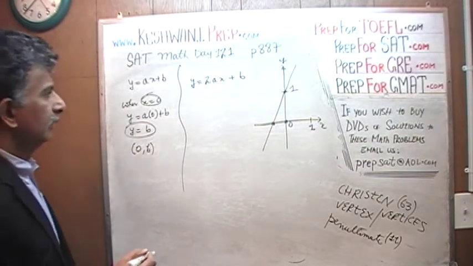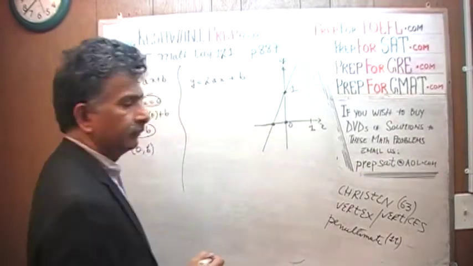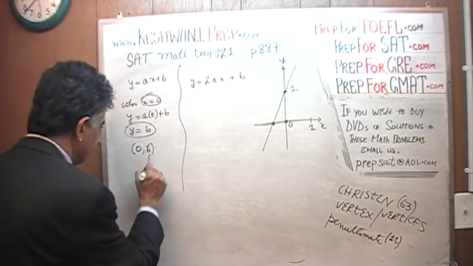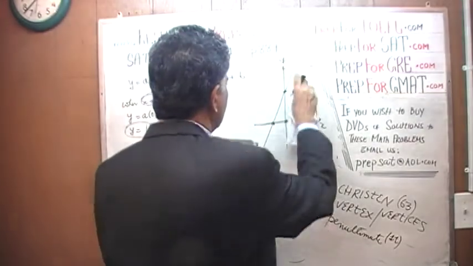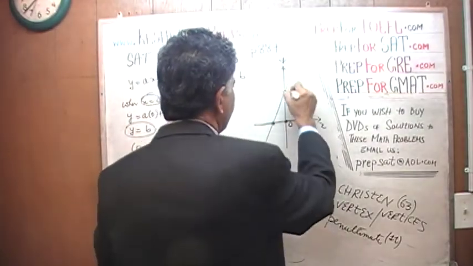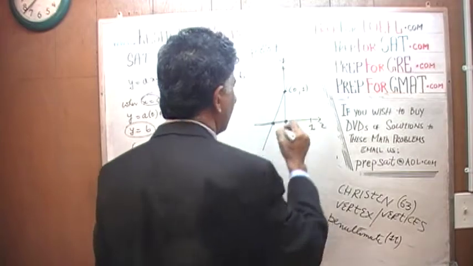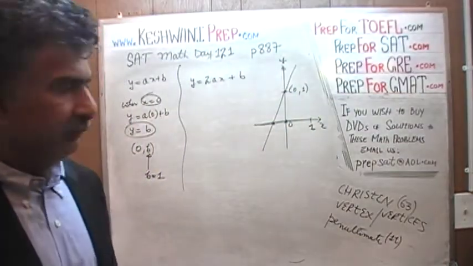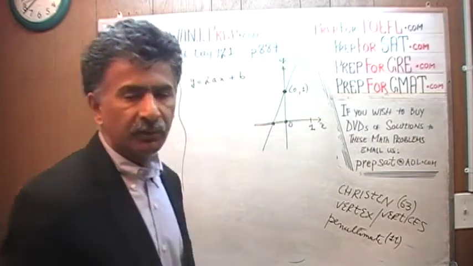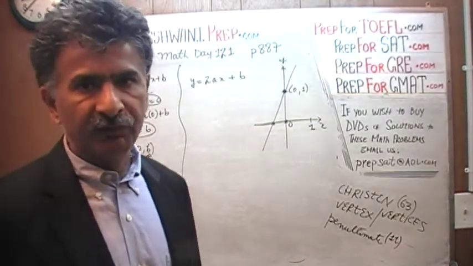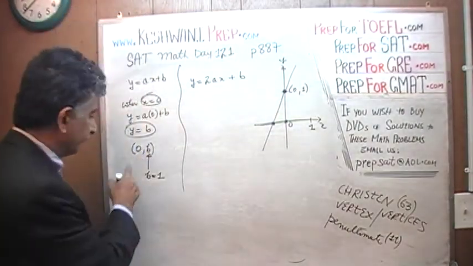Which is this thing right here, which implies that b equals 1, because we know that when x is 0, y is 1, because they show us that. They show us that it goes through this point where y equals 1, which is where x is 0. That's the y-intercept, which means b is 1.